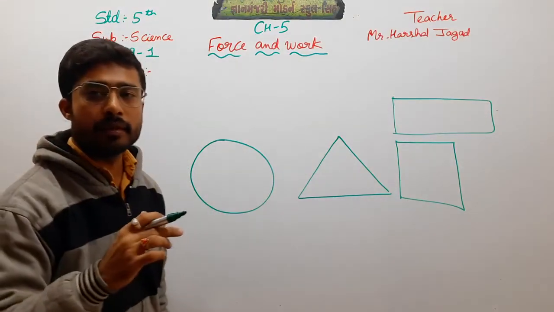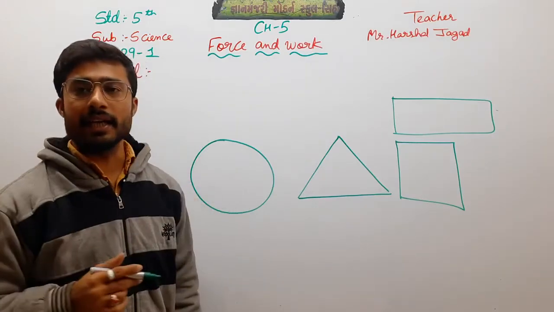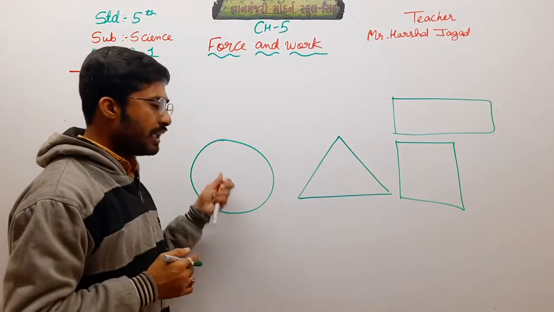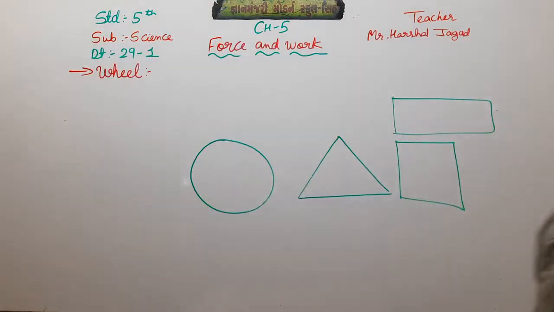The wheel is a circle because it has the minimum force and minimum stress on it, since it is divided equally on all sides. So the wheel was one of the greatest inventions by early human beings, and it is very useful nowadays.